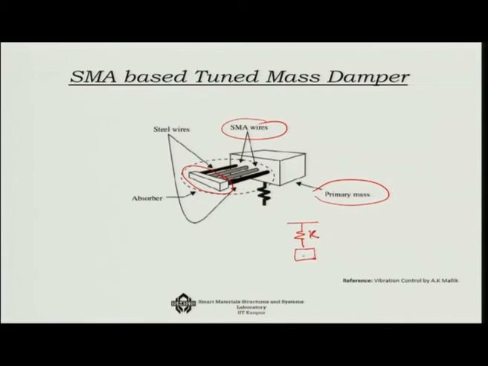Now the stiffness of the spring and the mass, these two remain invariant. But in the case of SMA, this K can vary, and as the K varies, the natural frequency of this secondary system, that is square root of K by M, that is omega S, also varies, and thus you can actually tune it to different frequencies.